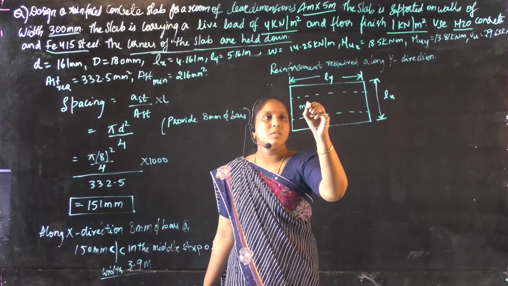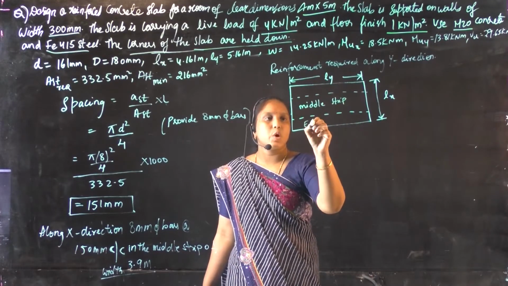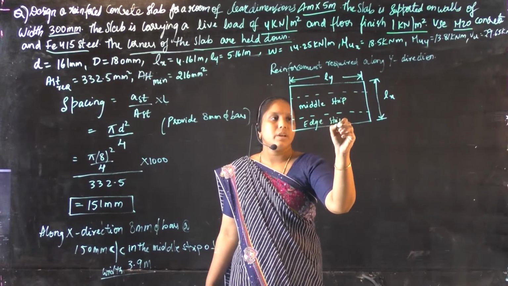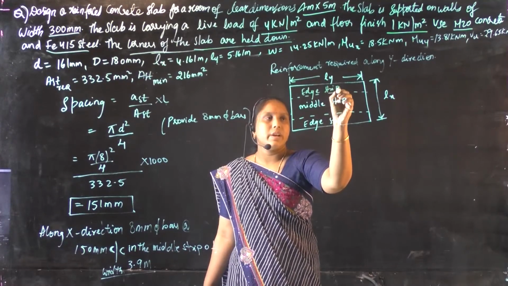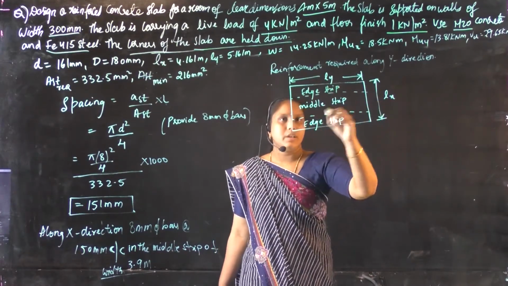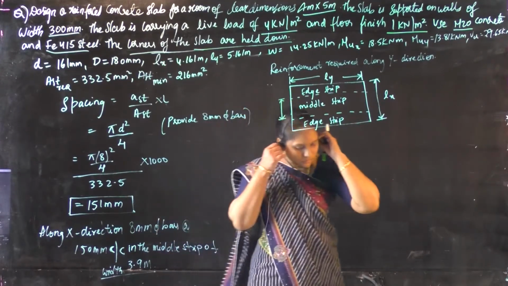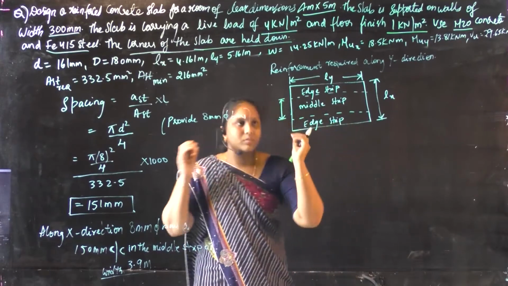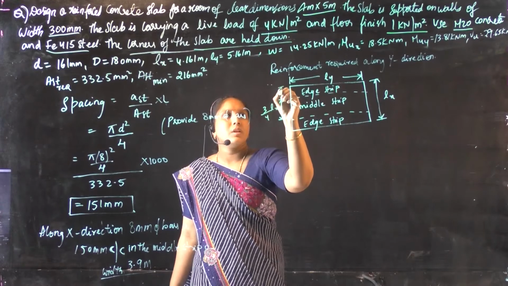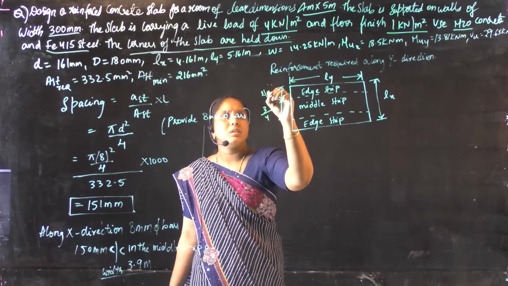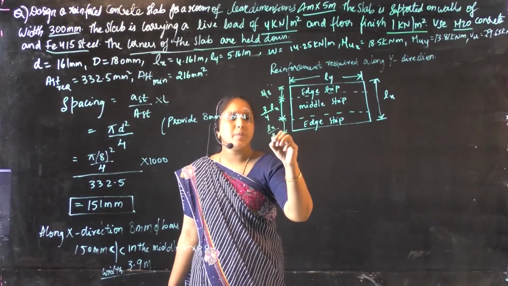This is the middle strip and this is going to be our edge strip, and this is also our edge strip, and this distance will be 3/4 Lx and this distance is Lx by 8 and this distance is also Lx by 8.